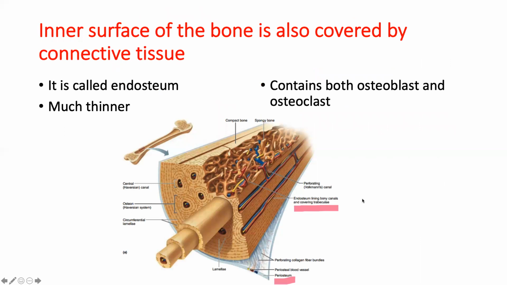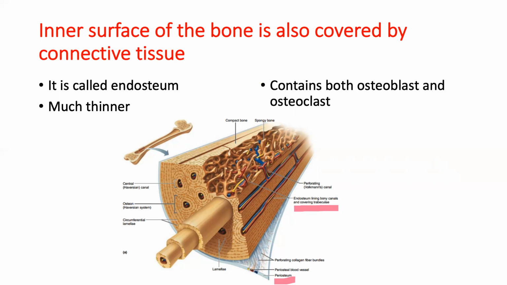So now I'm gradually cutting the bone and trying to get the microscopic picture of the compact bone. Now we can start seeing some Haversian canals. Of course, these are microscopic structures. And on the inner surface of the bone, which is lined by the endosteum. Endosteum is like periosteum, but not as strong.